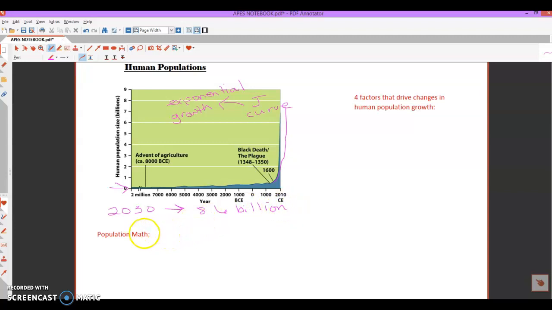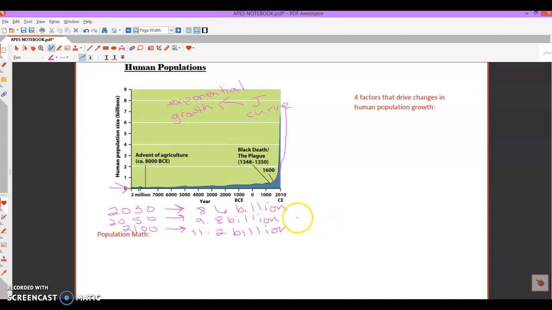In 2050, based on our current trends, we're going to hit 9.8 billion. All right, and this is all within your lifetime. And then lastly, in the year 2100, it's projected that the human population will be 11.2 billion.